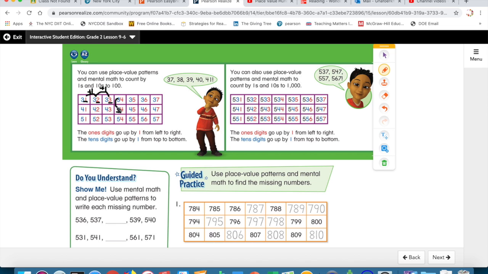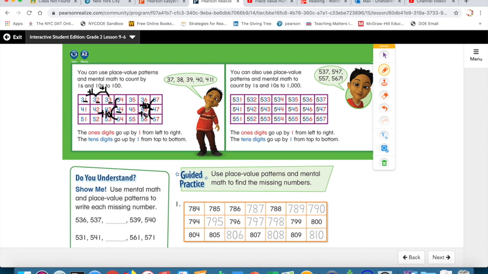And the same thing goes for 44 to 54. We went up by 1 ten. So here you would write plus 10, right? When you're going from top to bottom, you're going up plus 10. So 37, 47, right? This is plus 10. And then the same thing here, plus 10.